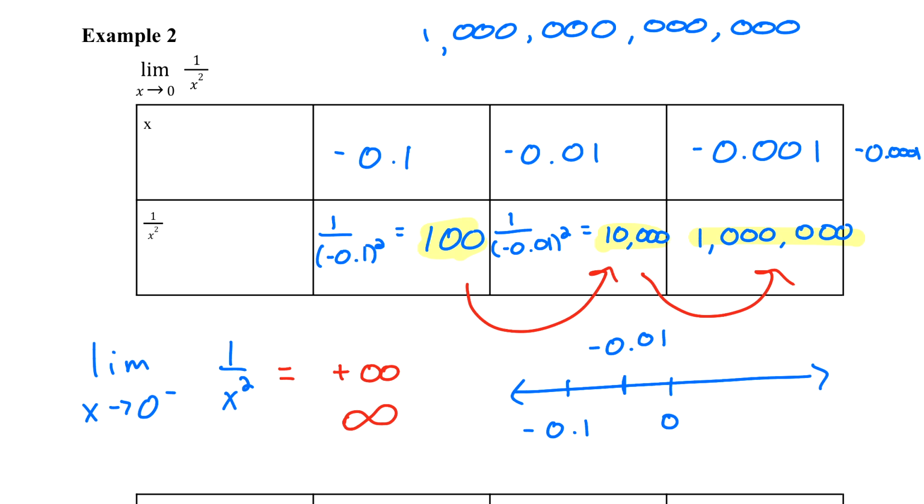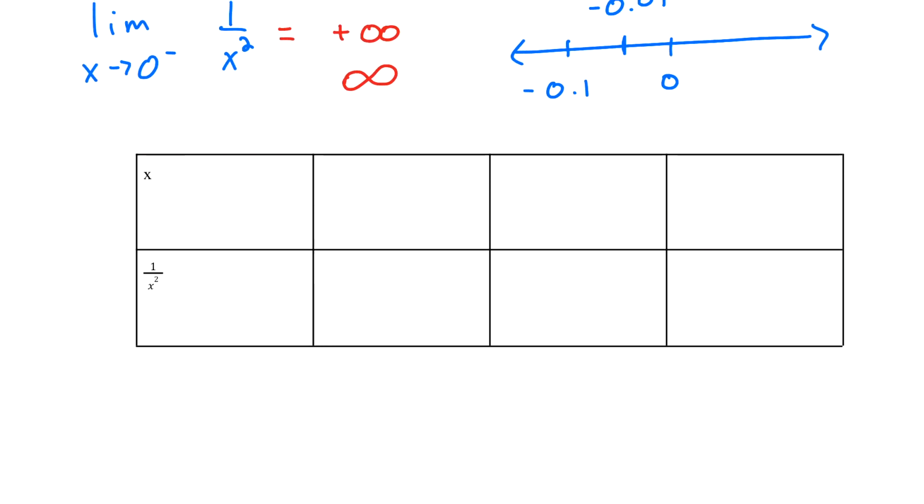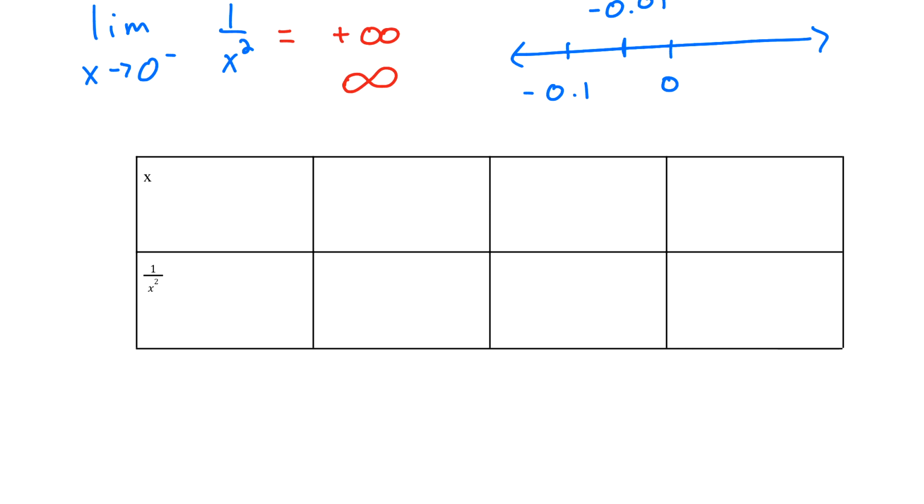But we wanted to know what the two-sided limit was, so we need to check the right-handed limit as well. So let's go check that side. Here let's look at the limit as x approaches 0 from the right-hand side of, again, our function 1 over x squared.